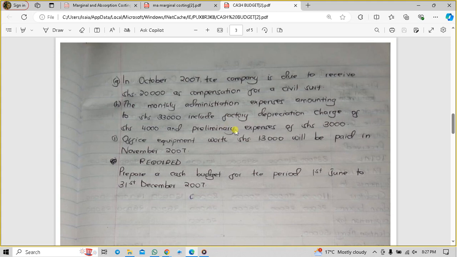Preliminary expenses are expenses that are incurred before the company is created. So we cannot be paying for these expenses every month as preliminary expenses. That's why we are going to subtract 33,000 minus 4,000 minus 3,000 for us now to have the administration expenses.